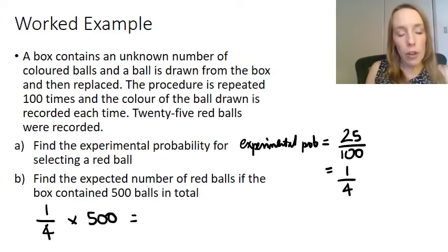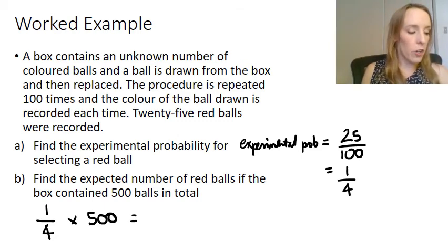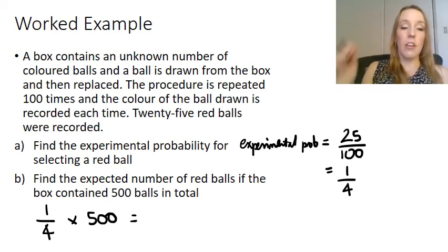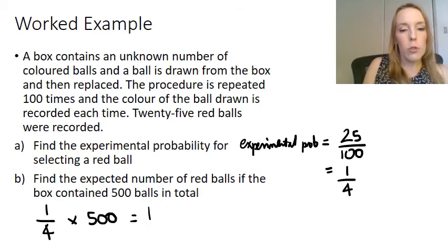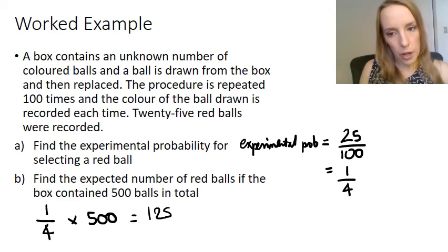In your calculator, if you wanted to type that in, you would do 1 divided by 4, because that's what 1/4 means, to get 0.25, and then you type in times 500, and that would give you your answer. So 125. I'm sure a few of you could do that in your head, but I'm just showing you the steps for future questions.